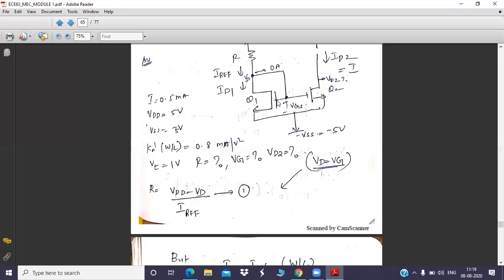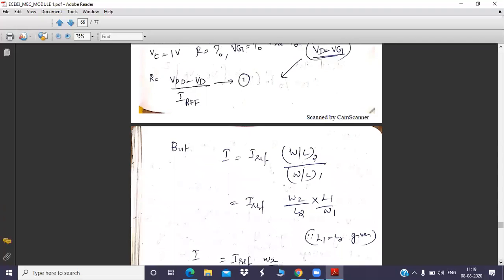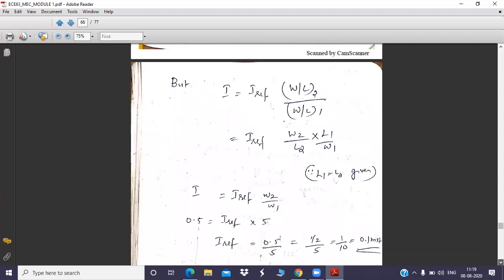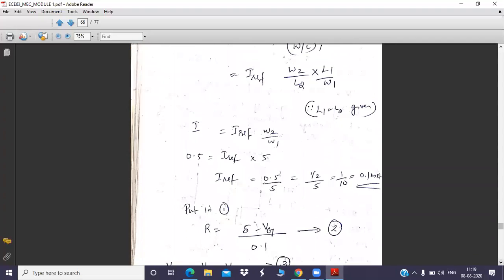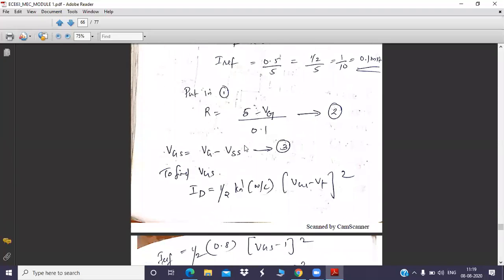So to get the total voltage at the gate with respect to ground, you need to add this voltage plus this voltage. When you add these two, you will get the entire voltage VG. So VG is equal to VGS plus minus VSS. Be careful, it is minus VSS. At the source, you have a negative voltage. So VG = VGS minus VSS.